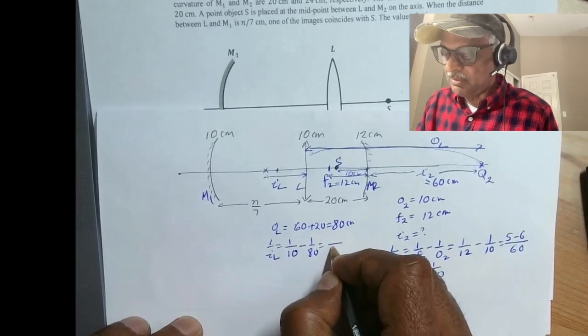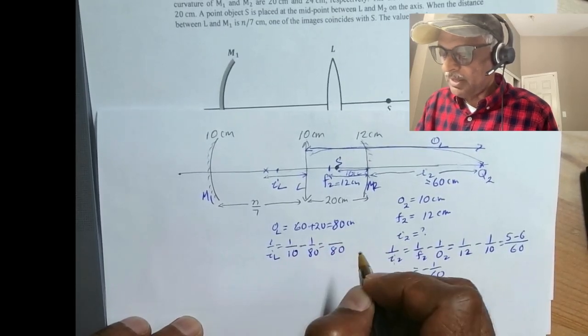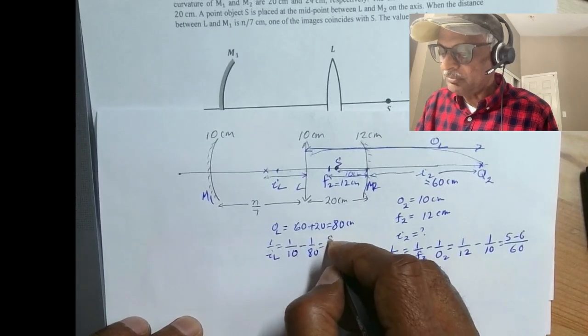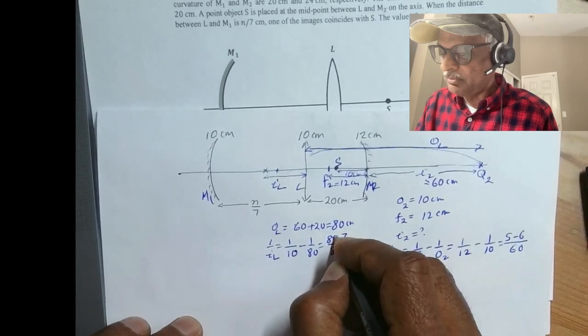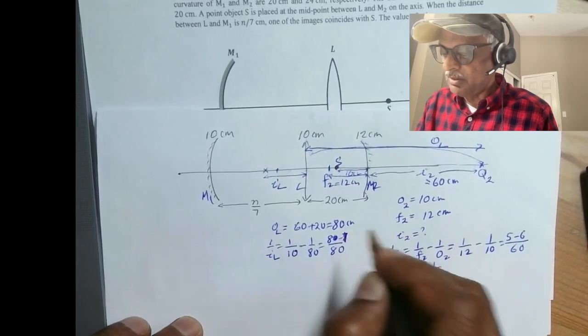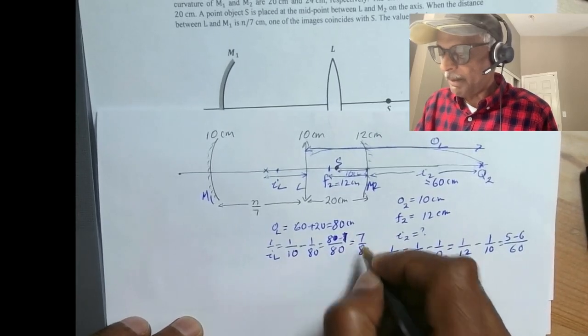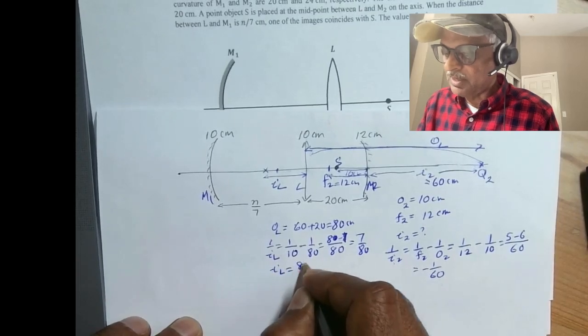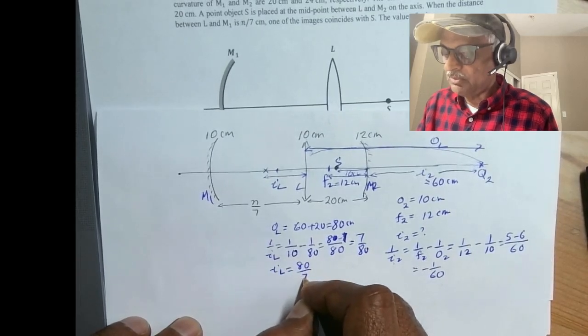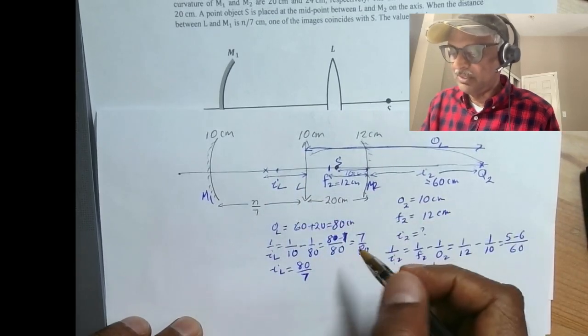So 8 minus 1 becomes 7 over 80. The image distance is 80 over 7, which is a little bit more than 10.